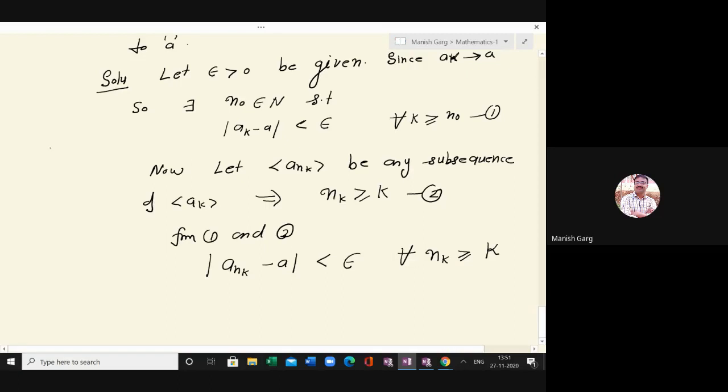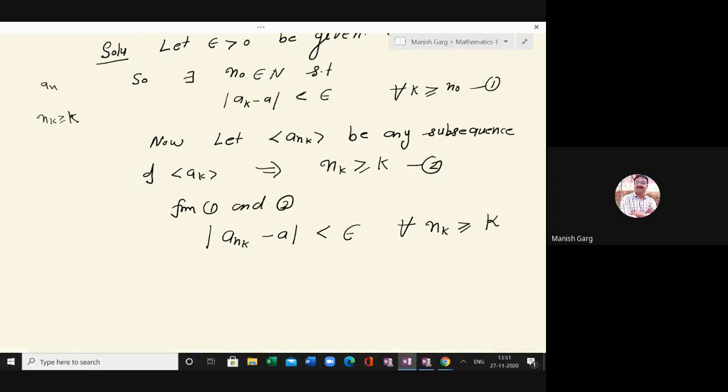Nk is always greater than or equal to k if you take a_n. So here I write k. If you replace n by n_k, then |a_{n_k} - a| is less than epsilon for all n_k greater than or equal to n_0.